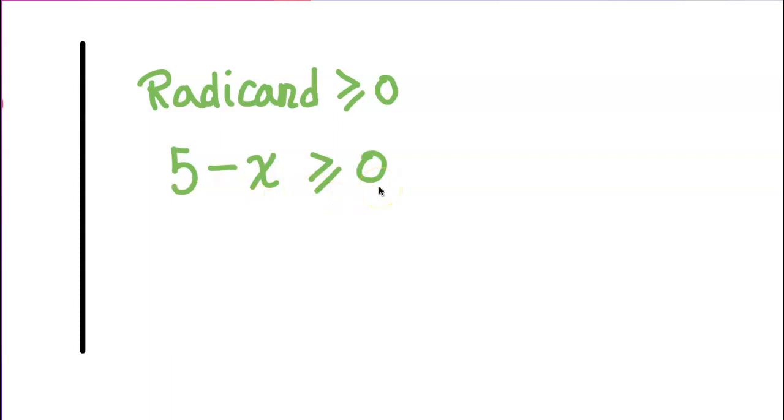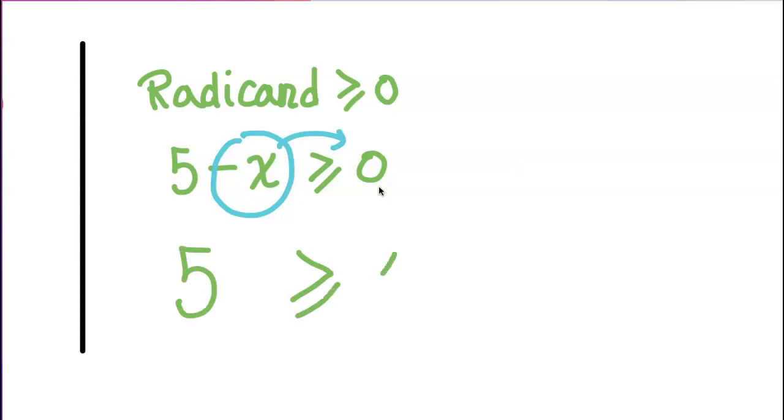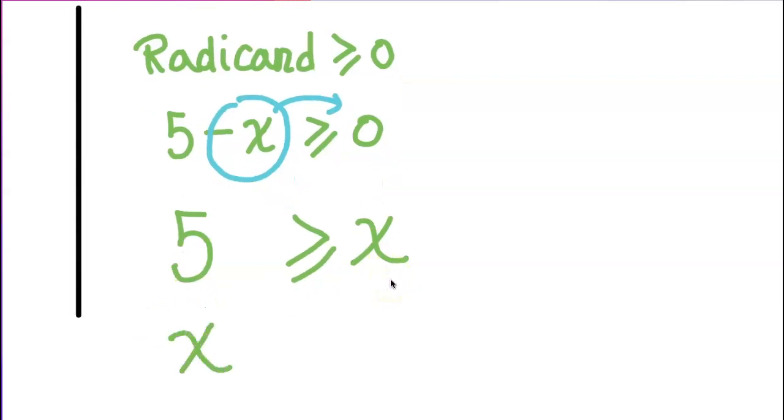So if I move this negative x to the right-hand side, here's what we get. We get 5 is greater than or equal to x. But if you want to talk in terms of x's point of view, when 5 is bigger than x, well then x is smaller than or equal to 5, right?